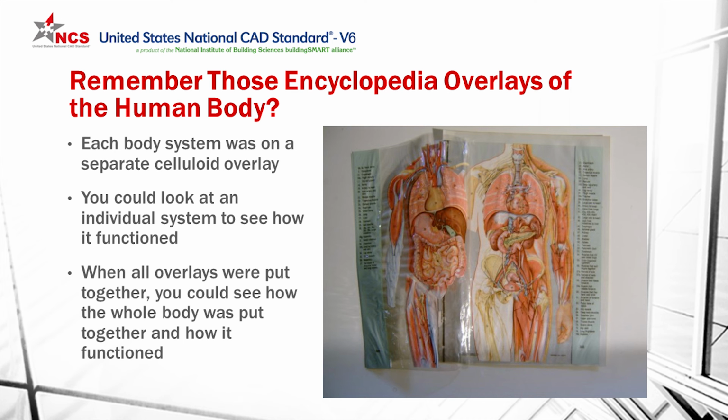And what it was, you'd have each body system on a separate celluloid overlay. Like you'd have the circulatory system on one overlay, you'd have the respiratory system on another overlay. So you could look at one page or one overlay and see how that individual system functioned and what the individual items were in it.